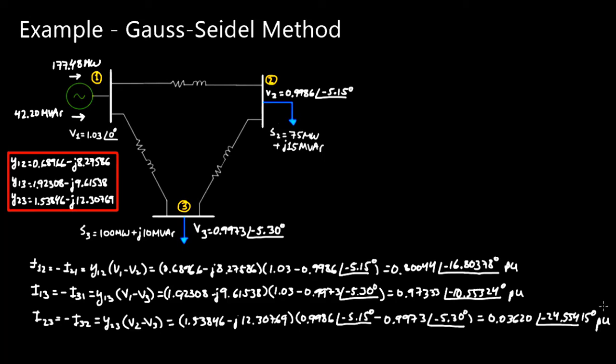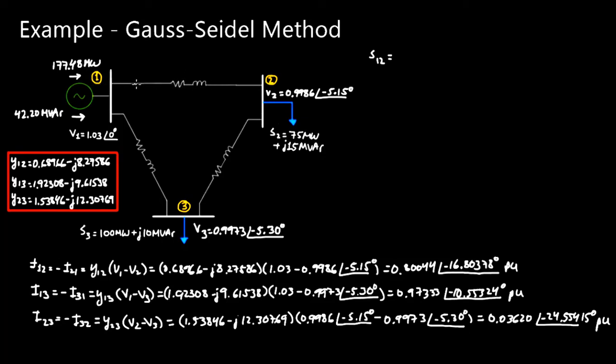Now we can calculate the powers at every bus, so let's do that over here on the top. I'm going to define the power S12 as the sending end power from bus 1 to bus 2, in other words, the power that flows through this transmission line out of bus 1. We're going to have a loss in the transmission line, so the power that comes out of bus 1 is not entirely going to flow into bus 2.